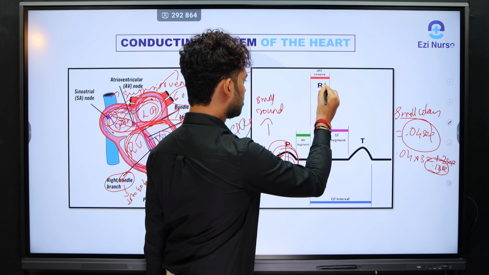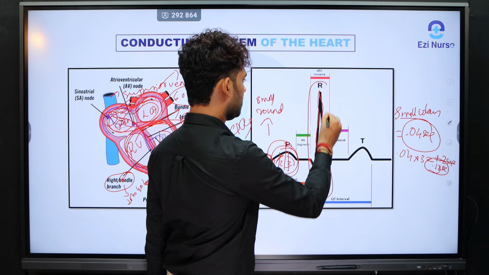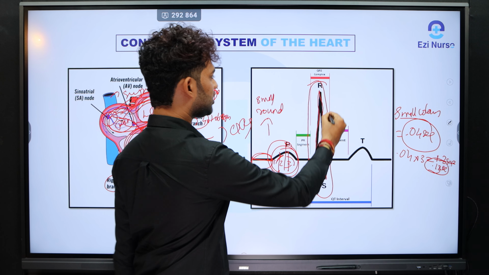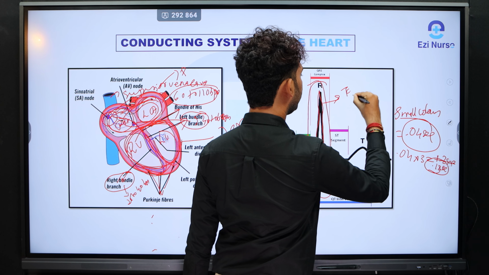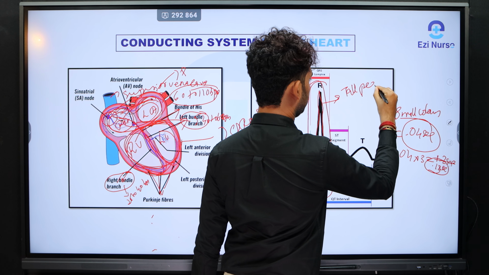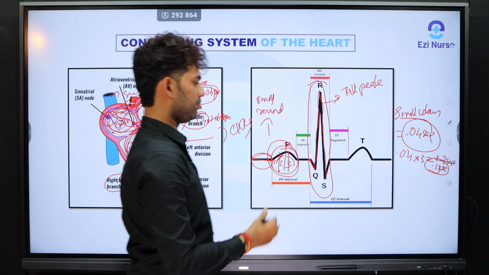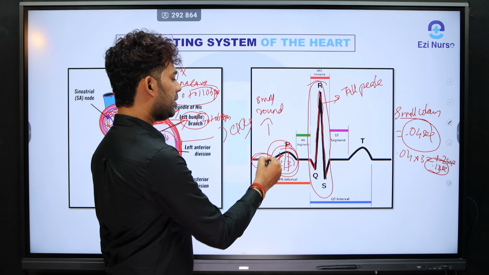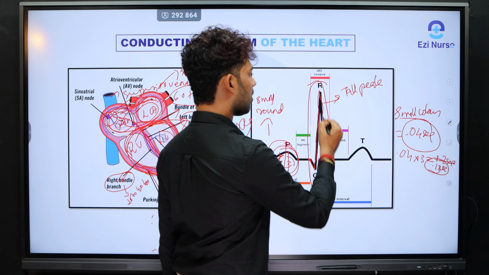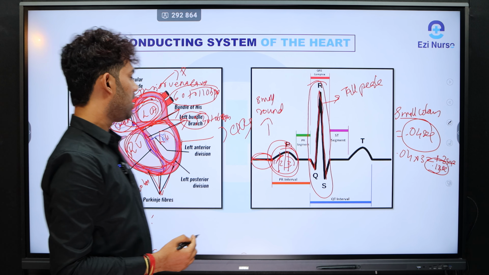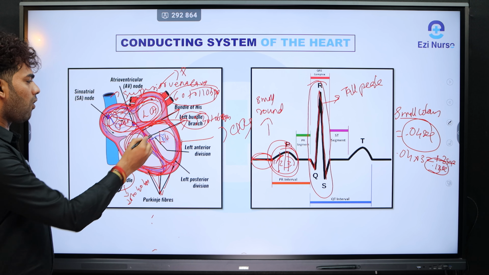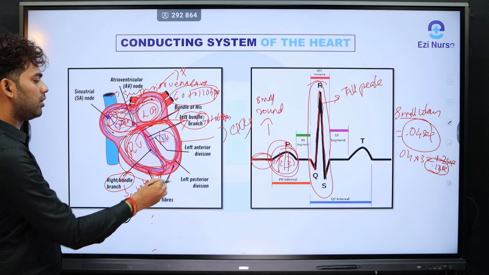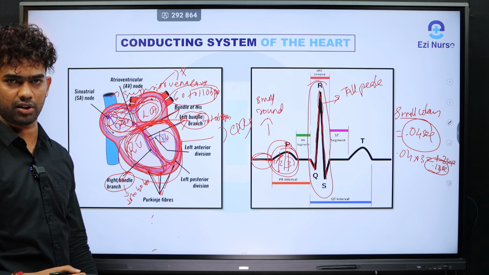This is the QRS complex. See the shape, this is a tall peak shape. The P wave will be round shaped, and the QRS complex will be tall peak shaped. The QRS complex is forming as a result of the whole ventricular contraction.